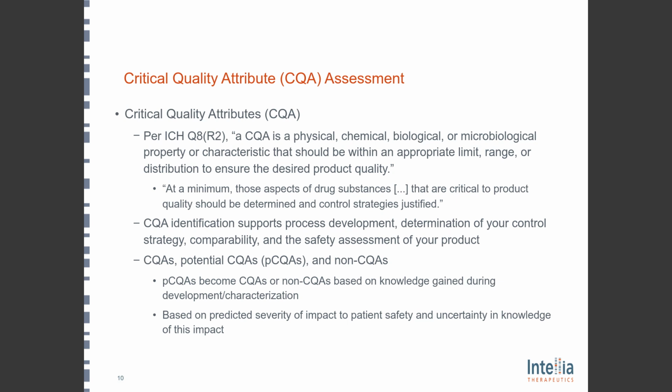But knowing that they are potentially a CQA will be helpful during your process development. You can determine what you have as far as CQAs, PCQAs, and non-CQAs early on in your process based on the predicted severity of the impact to patient safety or efficacy, and the uncertainty or certainty in knowledge of this impact.